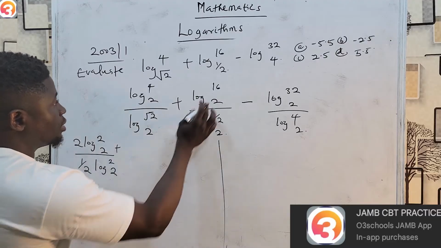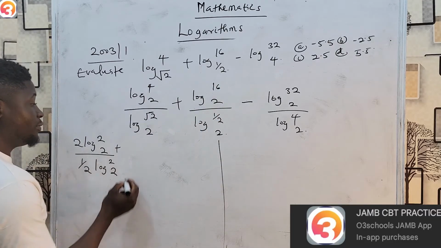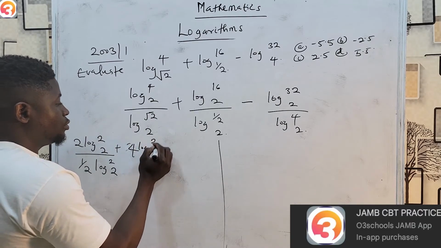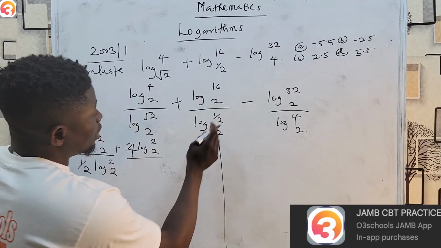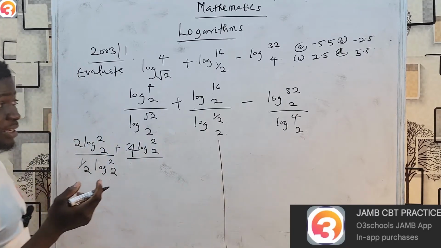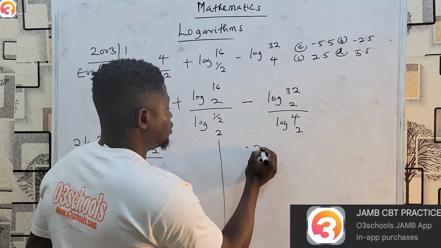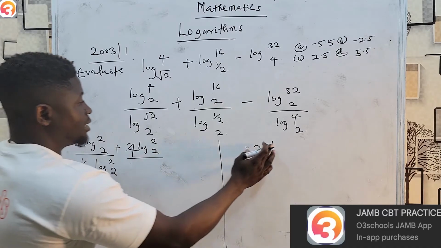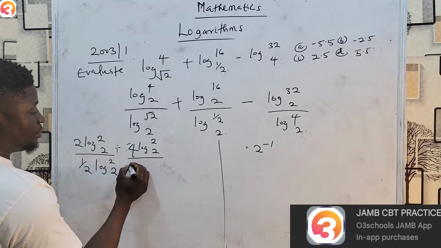Then plus, of course, 16 in the powers of 2 is 2 raised to the power 4. 4 log 2 base 2 all over 1 over 2. Okay, of course, now in this case, 1 over 2 is the same as 2 raised to the power minus 1, isn't it? Yes. So if I put that in here now, I'm going to have minus 1.